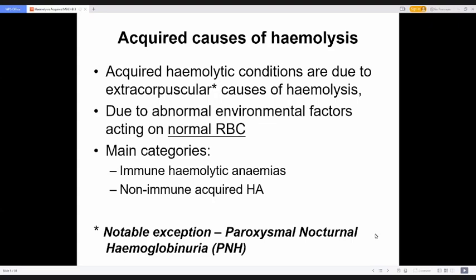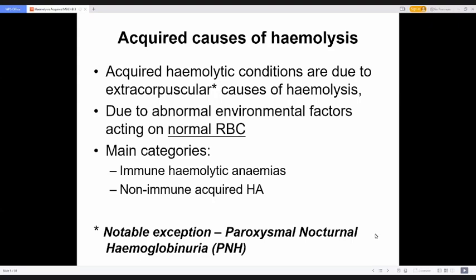I've just put there this disorder, which is an acquired disorder that you cannot classify within the two, and this is a condition called paroxysmal nocturnal hemoglobinuria, which is an intrinsic membrane deficiency of certain proteins that leads to hemolysis.